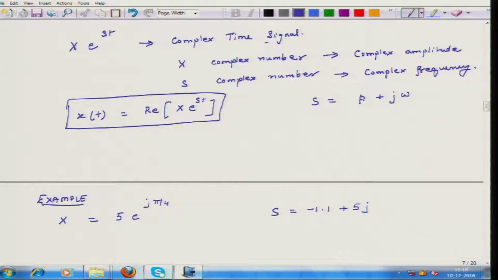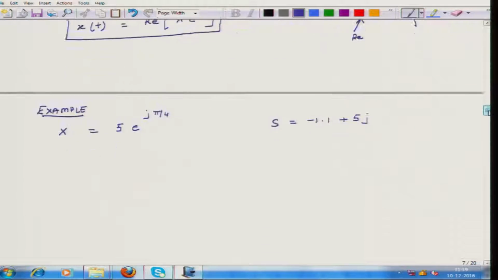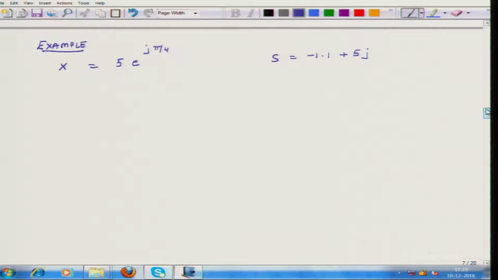Now, this p is not necessarily pressure. This is the real portion of the complex frequency and this is the imaginary component. Going back to the example, x equals 5 e to the power of j pi over 4 is my complex amplitude, and s, the complex frequency, is minus 1.1 plus 5j.